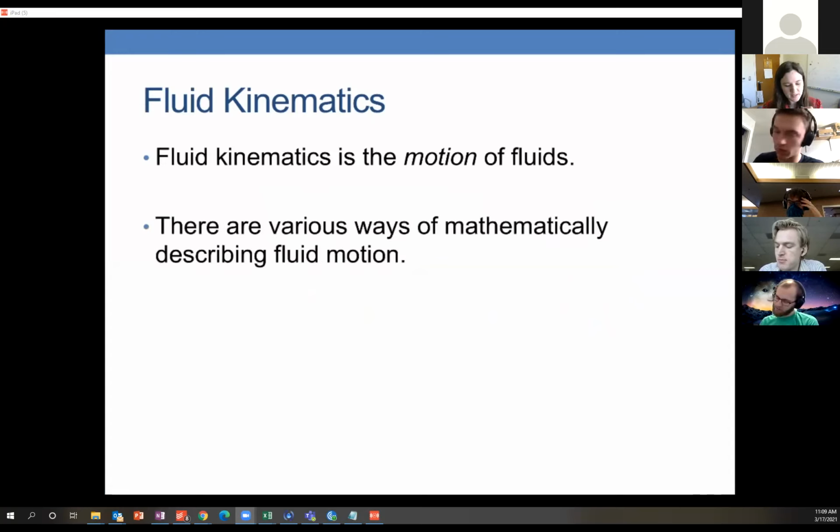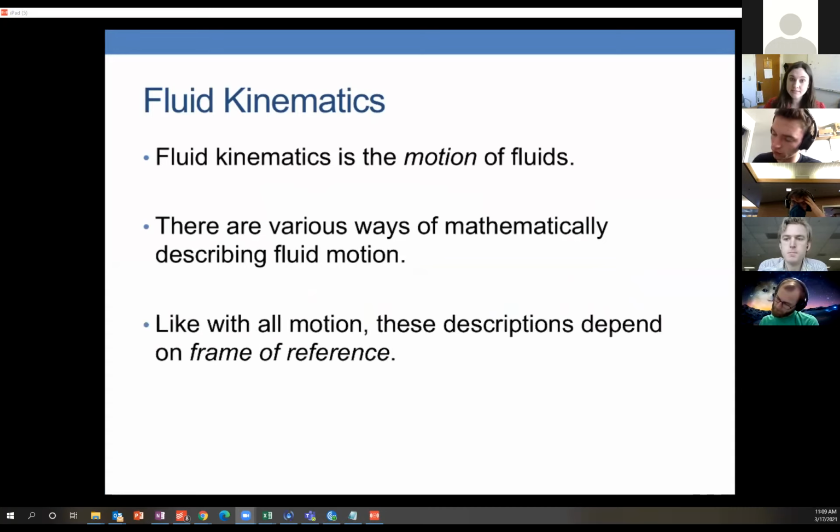There are various ways of mathematically describing fluid motion. And as with all kinds of descriptions, these depend on your frame of reference. We're going to talk about a couple different frames of reference we can use to describe the motion of fluids.